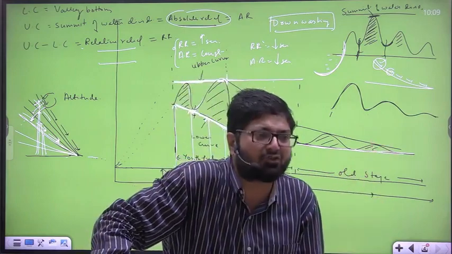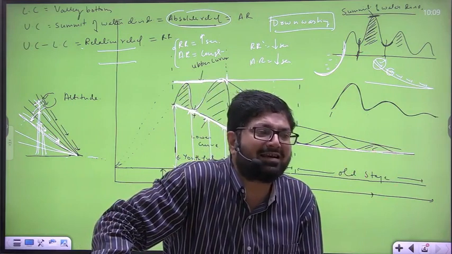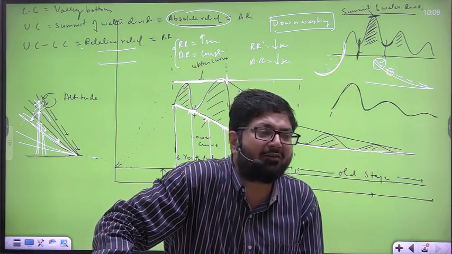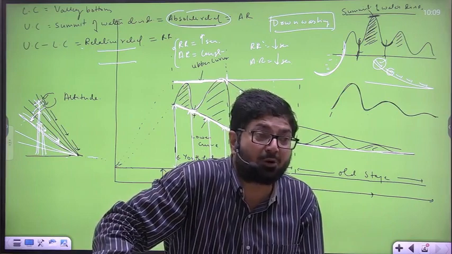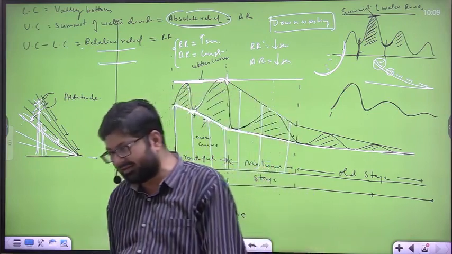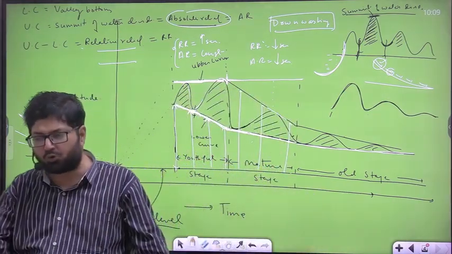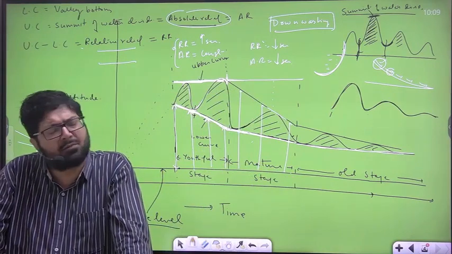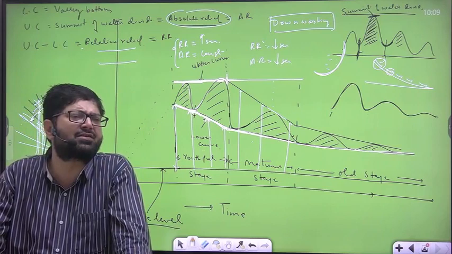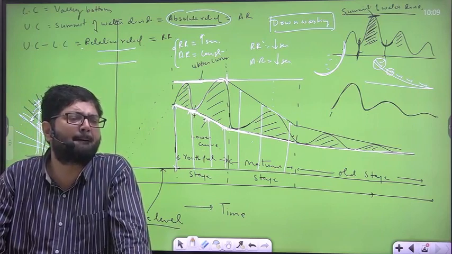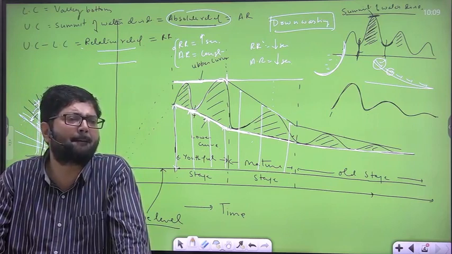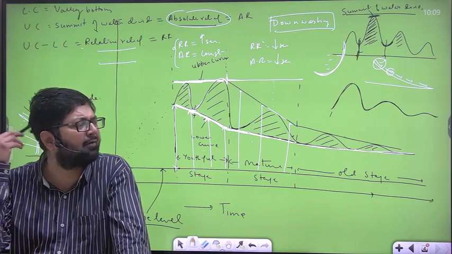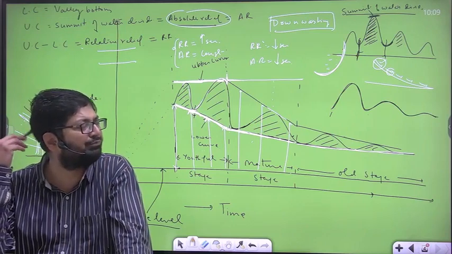Old stage is identified when valley incision stops. This stage is characterized by almost total absence of valley incision. Why? Because rivers have reached graded conditions. We will study the graded curve in detail in channel morphology.